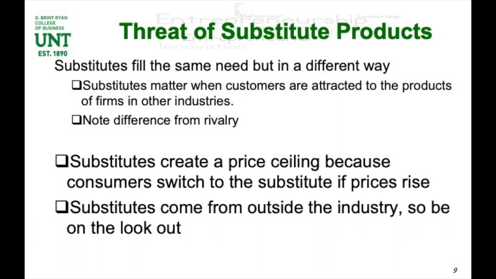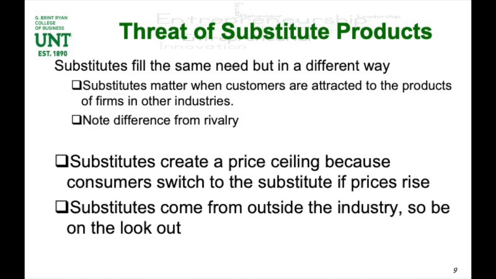So substitute matters when customers are attracted to the products of companies that are in other industries. Tends to be that if you drink beer, you also tend to like wine, right? Doesn't always work the other way around, but that tends to be the case. So if the price of something goes up too high, they're just going to switch to whatever that substitute product would be. Okay, so that's one issue.